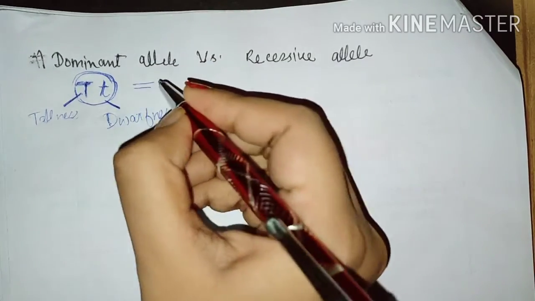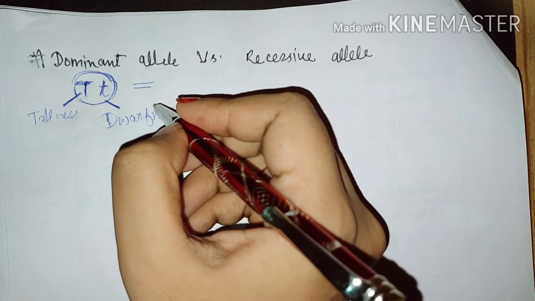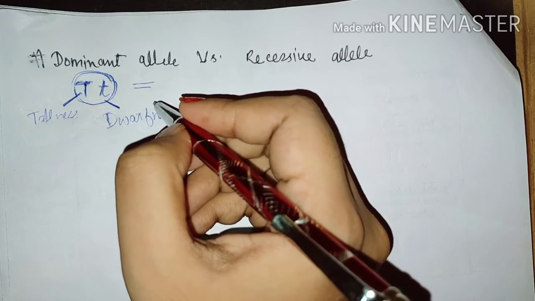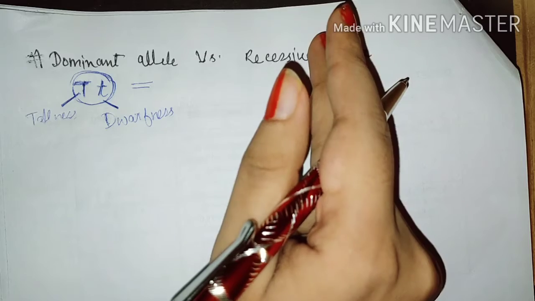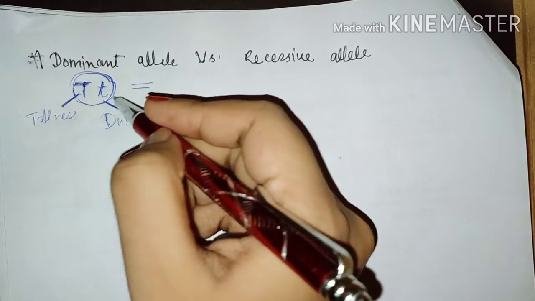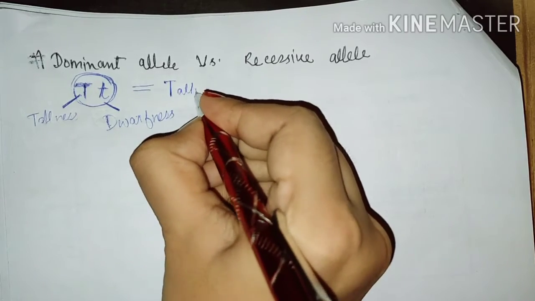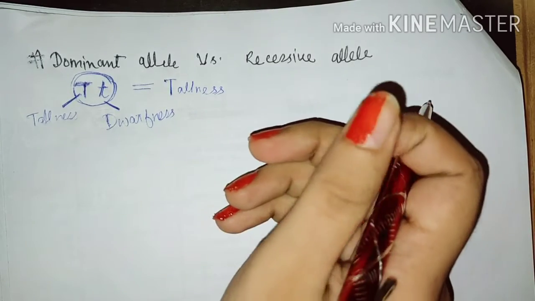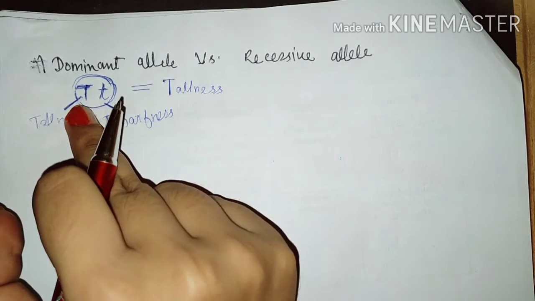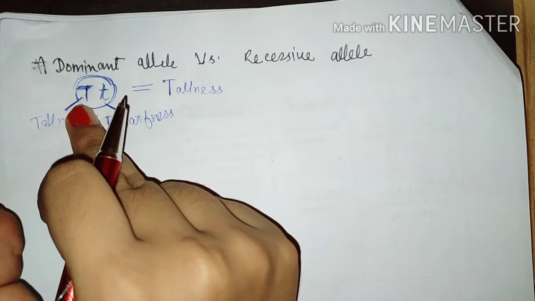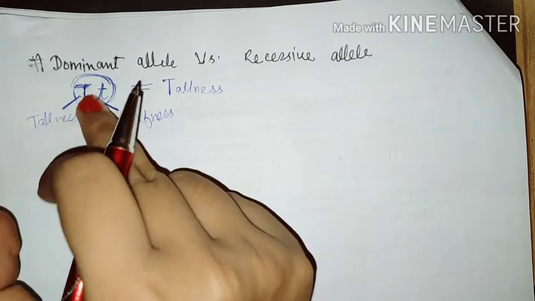I have also told you this during the explanation of genes, that for tallness there are two genes. Capital T will result in tallness, as well as capital T small t will also result in tallness. So basically what has happened here is, although there was just one capital T, this capital T has proved itself as the dominant one. It has suppressed the expression of dwarfness.